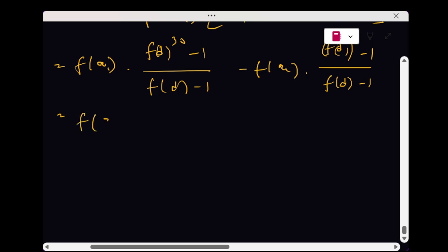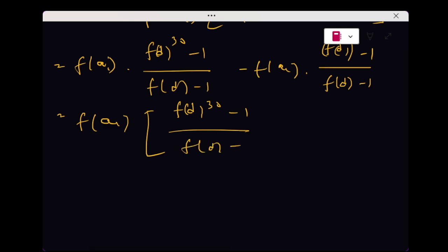We can take f of a1 as common and write f of d to the power 30 minus 1 by f of d minus 1 minus f of d to the power 5 minus 1 by f of d minus 1.